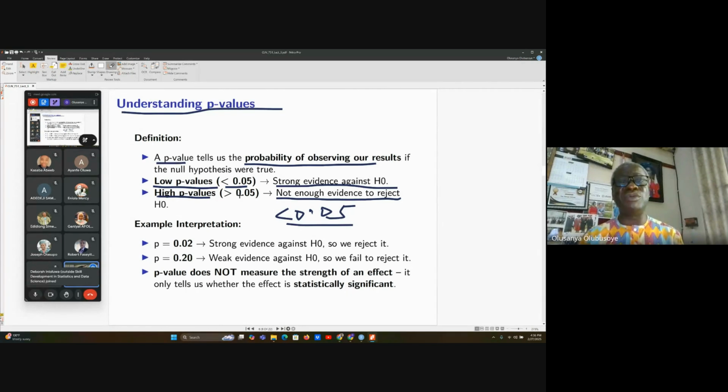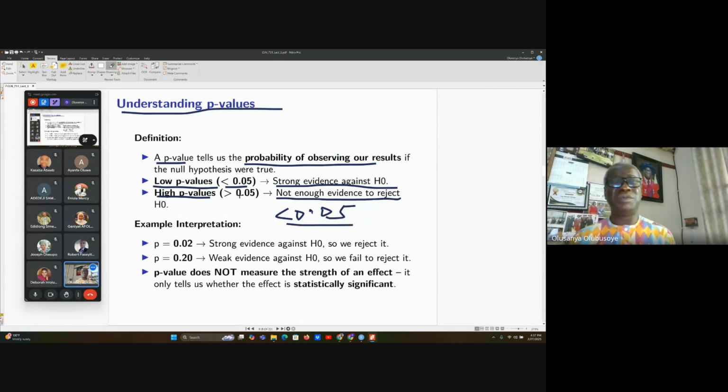When the p-value is low, it implies strong evidence against the null hypothesis. You have sufficient, convincing evidence to reject the null hypothesis. When your p-value is very high, then that evidence is not strong enough for you to reject the null hypothesis.